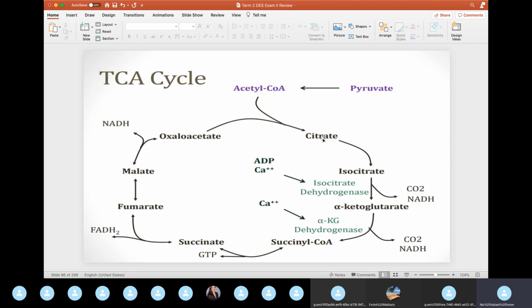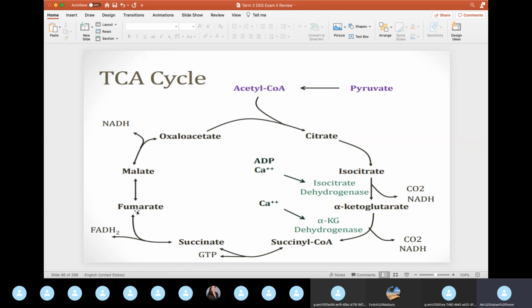Don't forget the citrate shuttle for synthesis of fatty acids. Succinyl-CoA also, where's the succinyl-CoA for? Sorry, I'm having a mental block. Succinyl-CoA is for heme synthesis.